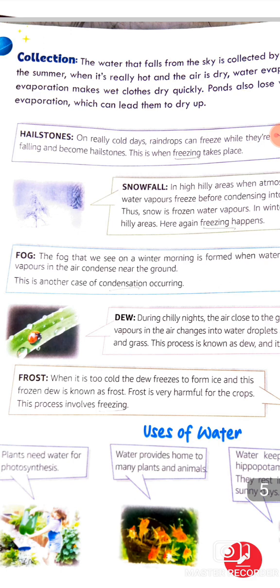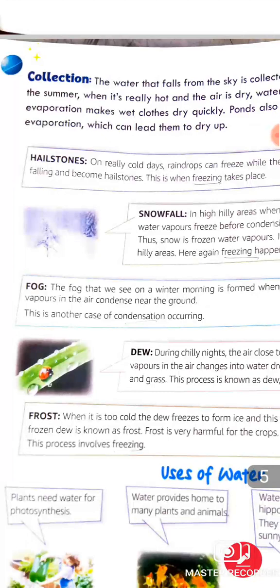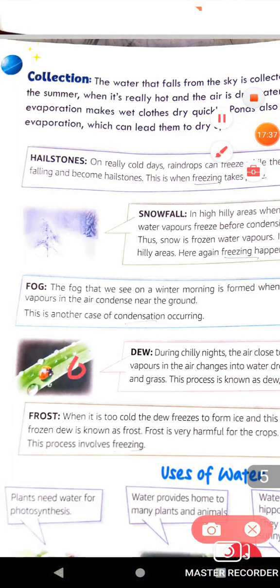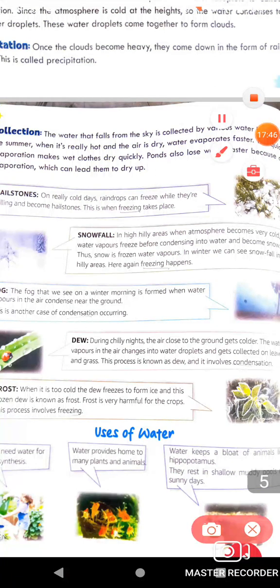It occurs with the process of freezing, in which water droplets on the grass and leaves, see in the figure, the water droplets here on the leaves, which are known as dew, change into frozen ice, and this frozen ice is known as frost.